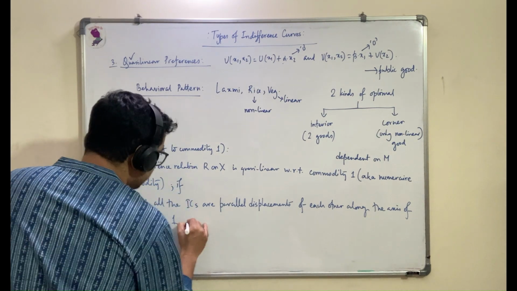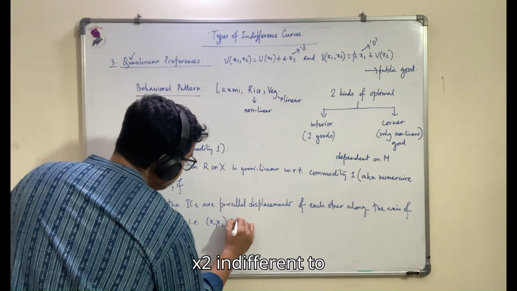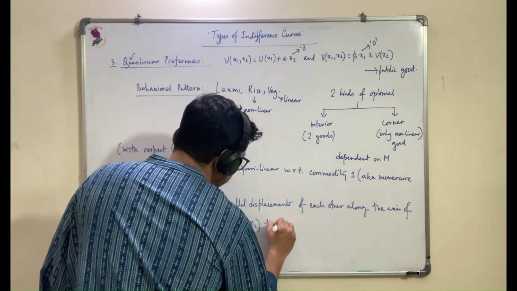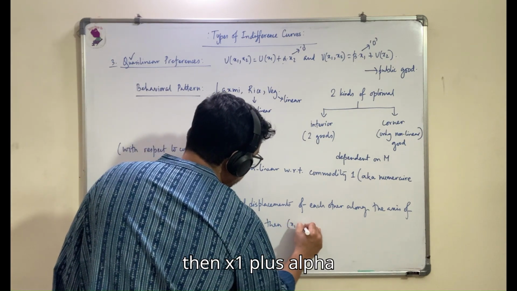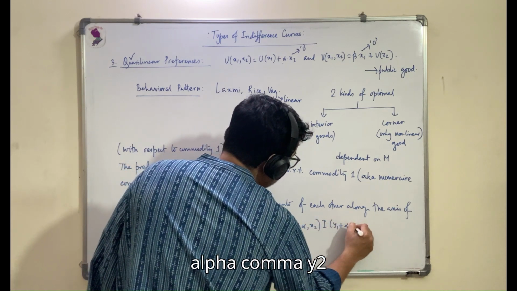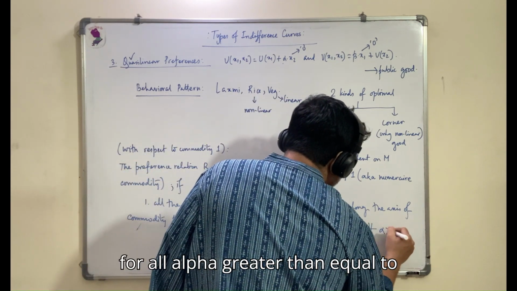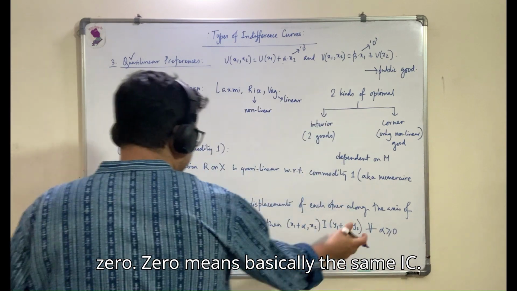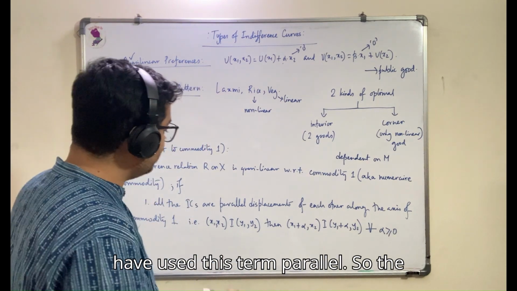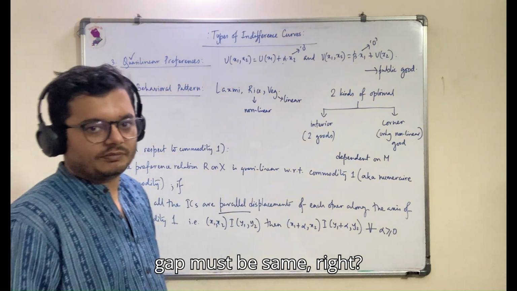It means that if x1, x2 is indifferent to y1, y2, then x1 plus alpha, x2 is indifferent to y1 plus alpha, y2 for all alpha greater than or equal to 0. Alpha equal to 0 means basically the same IC, and this alpha factor comes in because we have used the term parallel, so the gap must be the same, right?